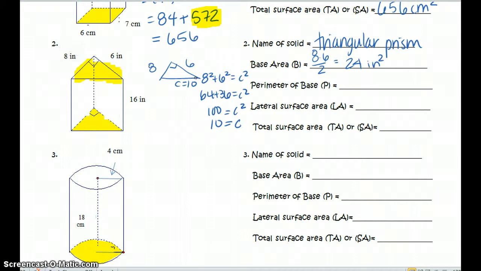Once we know that, we can add up all the sides of the base. So 8 plus 6 plus 10, which gives you 24 inches. Okay. So let's recap there. In order to find the perimeter of this triangle, we had to use Pythagorean theorem to find the missing side so that you could add up all the sides to find the perimeter.